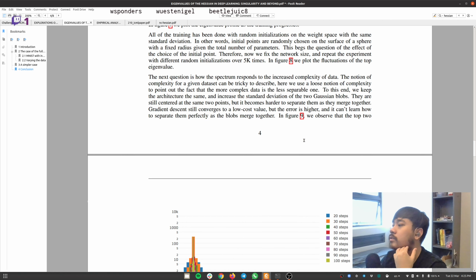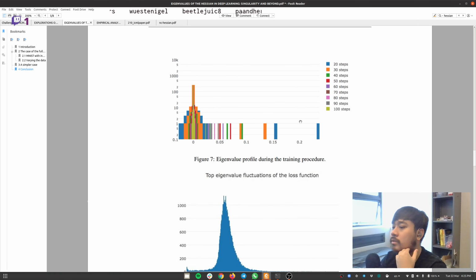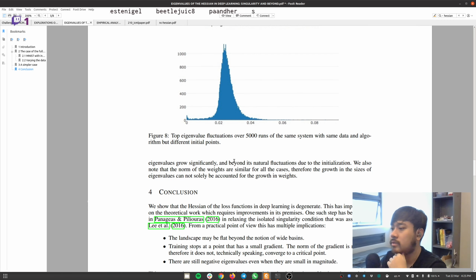We observe that the top two eigenvalues grow significantly and beyond their natural fluctuation due to this. We also note that the norm of the weights are similar for all cases.